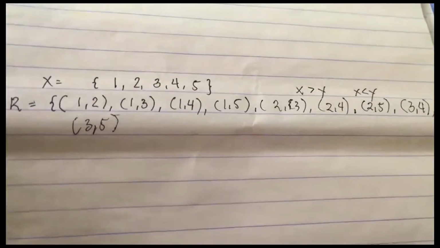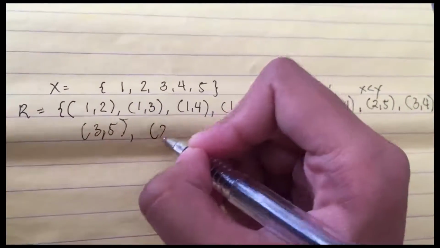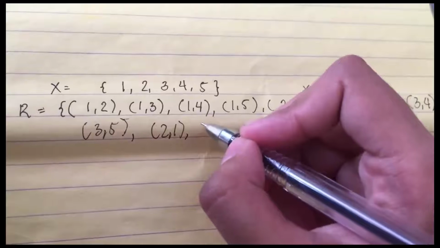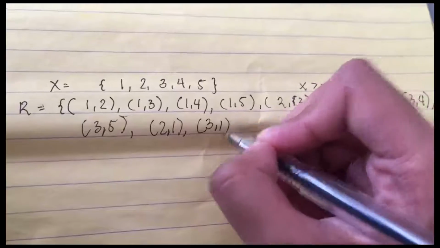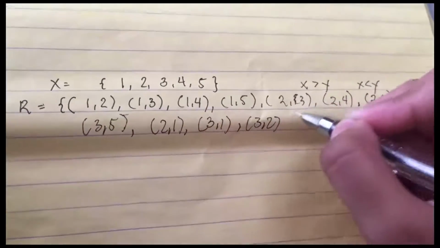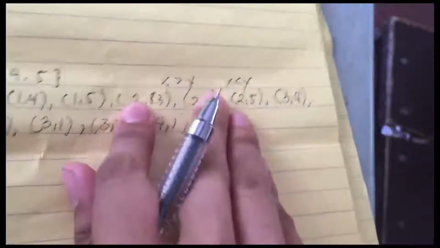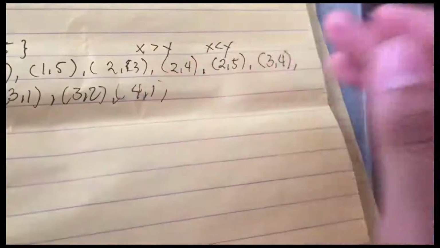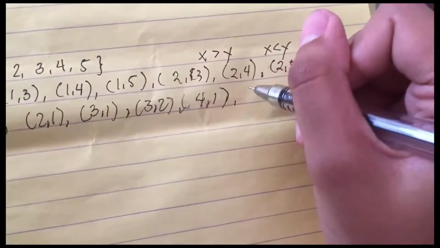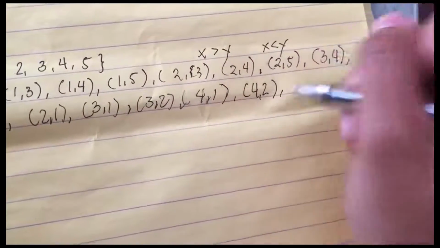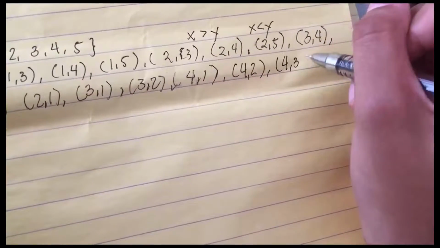Then for X is greater than Y, we could have 2 and 1, 3 and 1, 3 and 2, 4 and 1, tapos meron ding 4 and 2, meron ding 4 and 3.